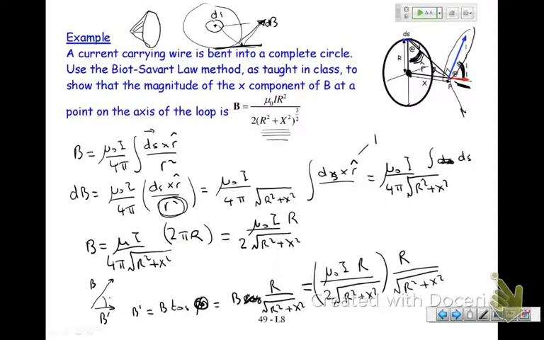So that is squared. Sorry, I hate to sound so excited, but I am happy I'm here. So this equals mu naught I r squared over 2, and I have r squared plus x squared. It's not to the half. It's to the 3 over 2. So that's the 3 over 2.